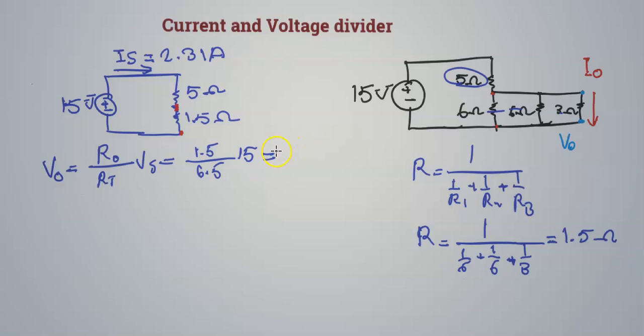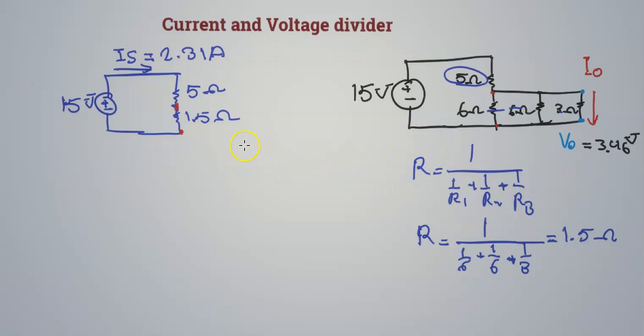It would be 3.46 volt. I rounded to two decimal places. So we just calculated V naught, and I wrote it here, and I erased the calculation for the voltage divider.